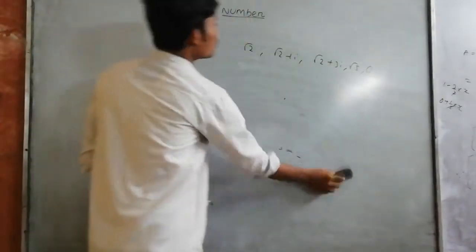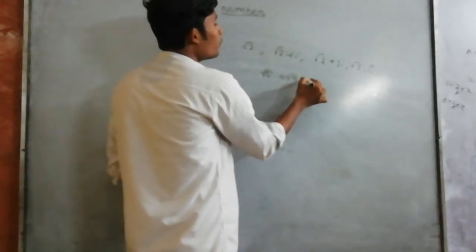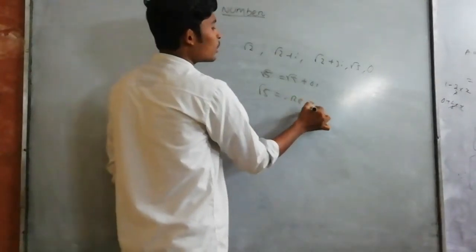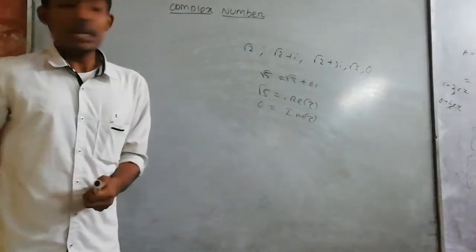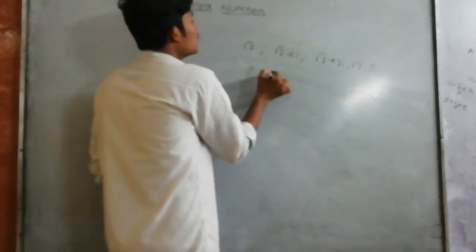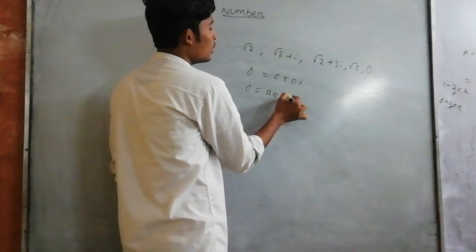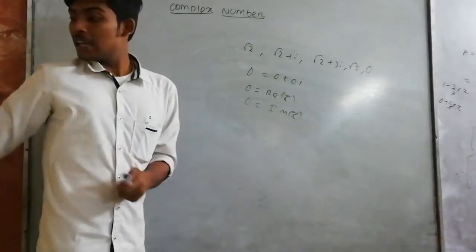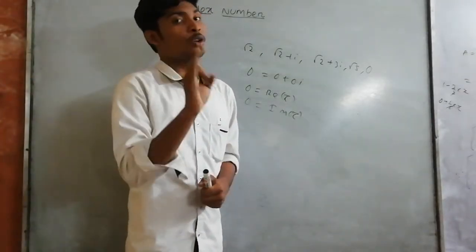Then root 5 can be written as root 5 plus 0i, so root 5 is the real part and 0 is the imaginary part of z. Take some other examples: 0 can be written as 0 plus 0i, and 0 is the real part and 0 is also the imaginary part of z. Okay, 0 is a number which is purely real and purely imaginary.